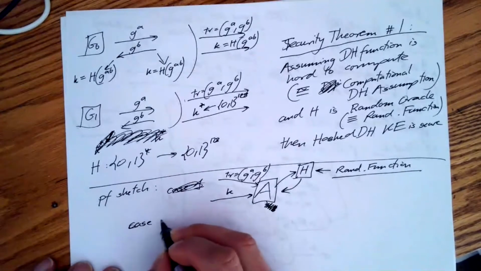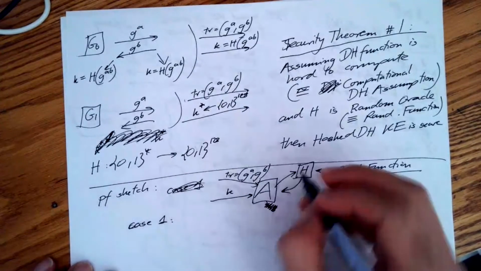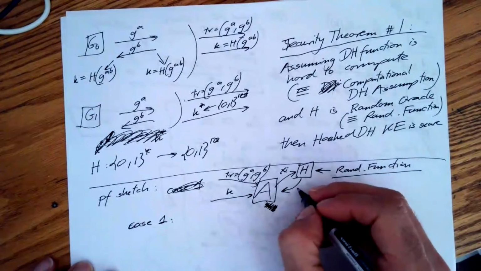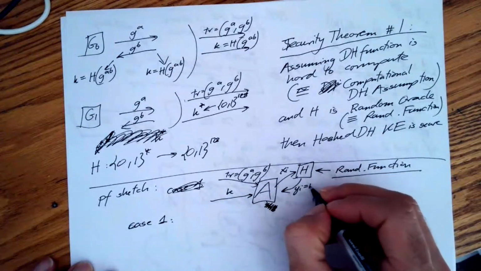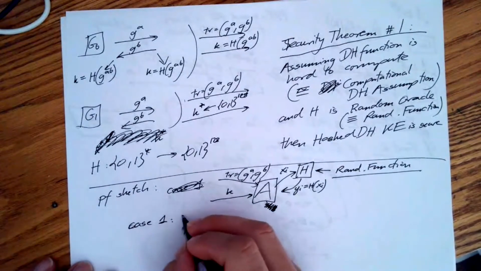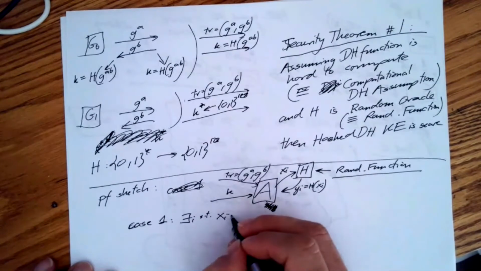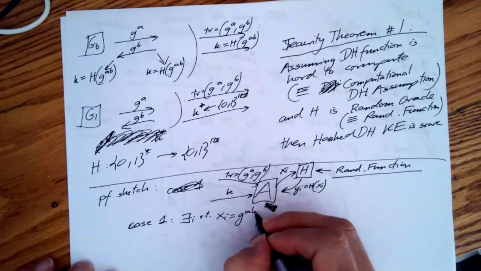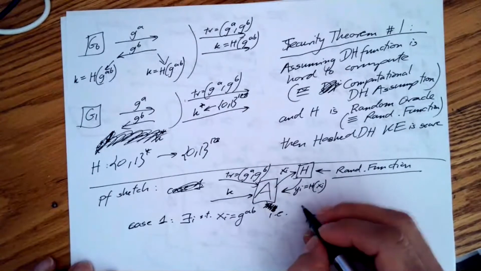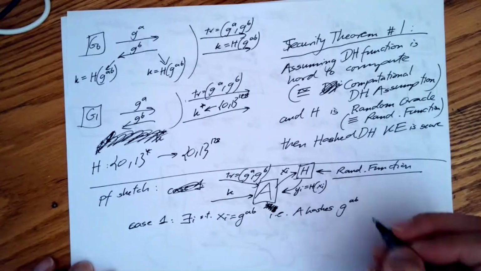Let's consider 2 cases of attacker. Case 1. He sends some inputs to this hash function and gets values, yi is hash of xi. Case 1: there exists an i such that xi is equal to g to the ab. In other words, he hashes g to the ab.